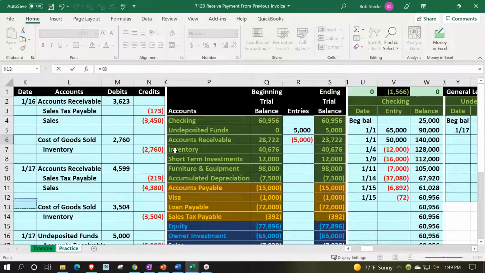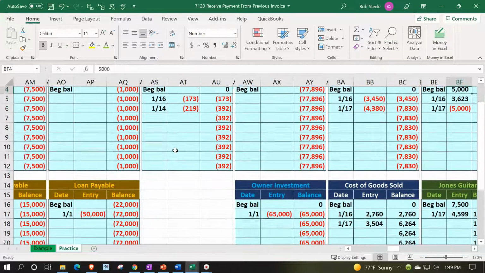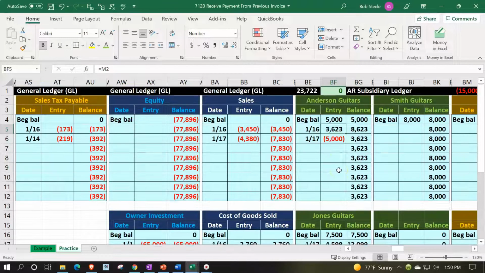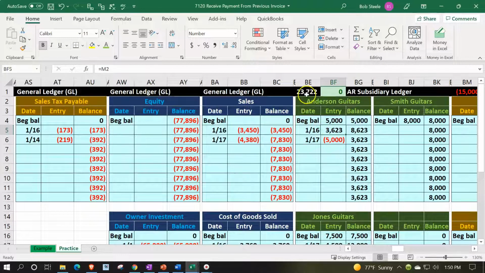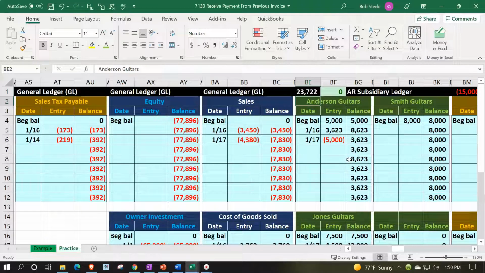We're going to go down then to the accounts receivable credit and enter. There we have that. So there's our beginning balance of the 5,000, and then they paid us. So it goes up and then it goes down. They still owe us that 3,623 from the second invoice that we created in this time frame. Our accounts receivable subledger adds up to the 23,722, ties out to the trial balance indicated by the green 0.